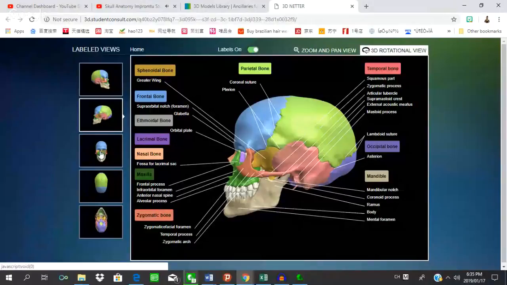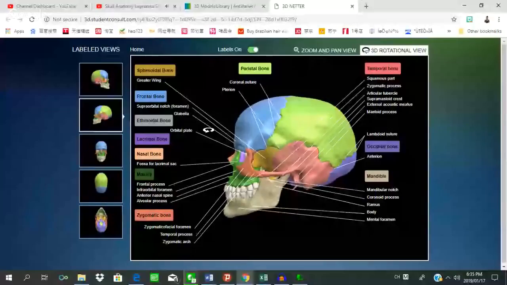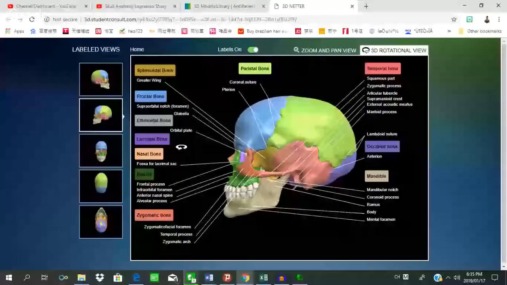This is just the lateral view of it, and each bone has particular features that are unique to it. Then the sphenoid bone, in this lateral aspect, you will only see the greater wing of the sphenoid bone, which is very exciting.